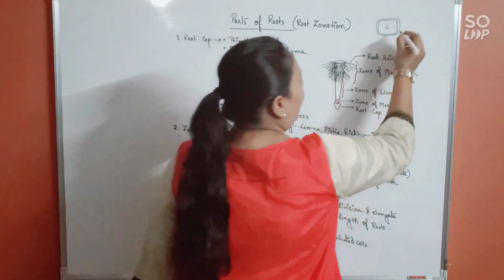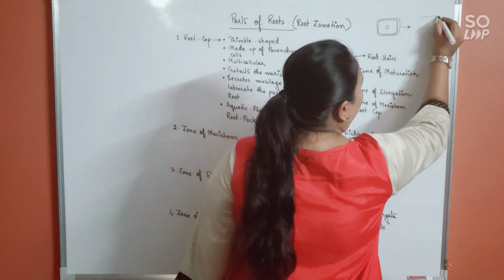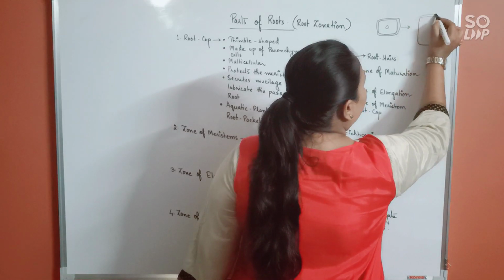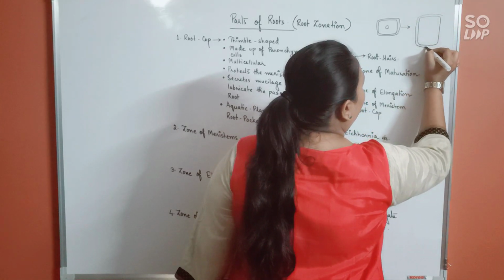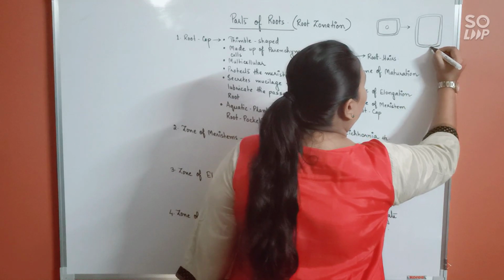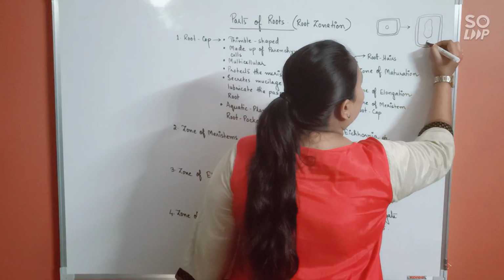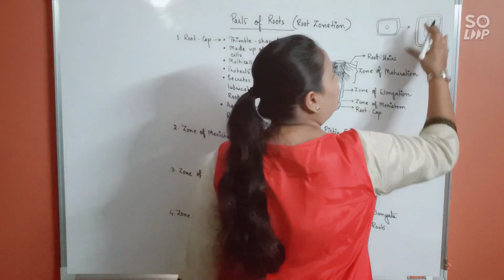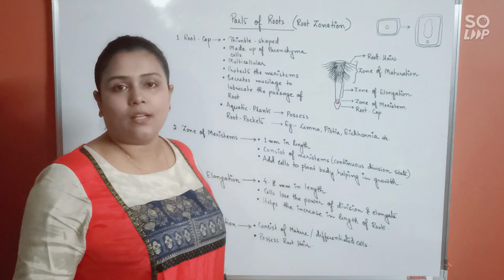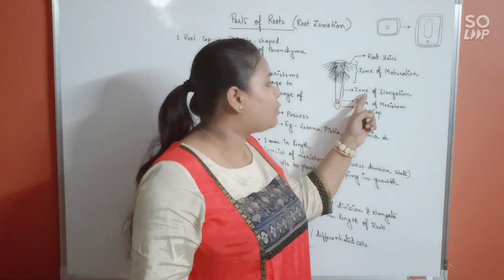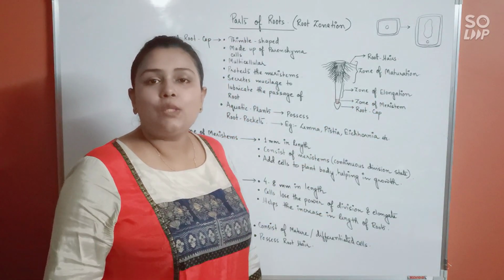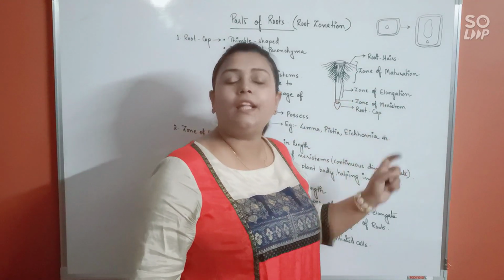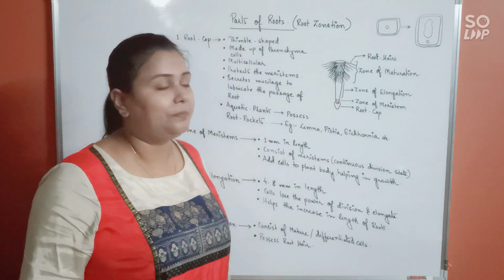Now, if a vacuole starts to arise in the cell, the vacuole will expand, and if the vacuole expands, the nucleus will be pushed towards the periphery and due to that the cell will elongate. So in the zone of elongation, cells which have started to develop vacuole formation have started to elongate. Hence we call it the zone of elongation.